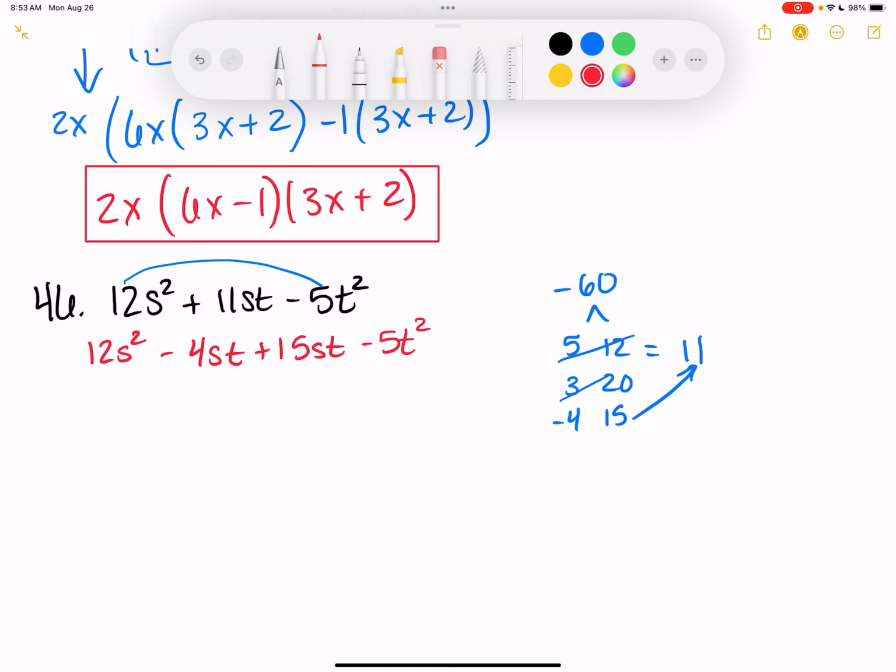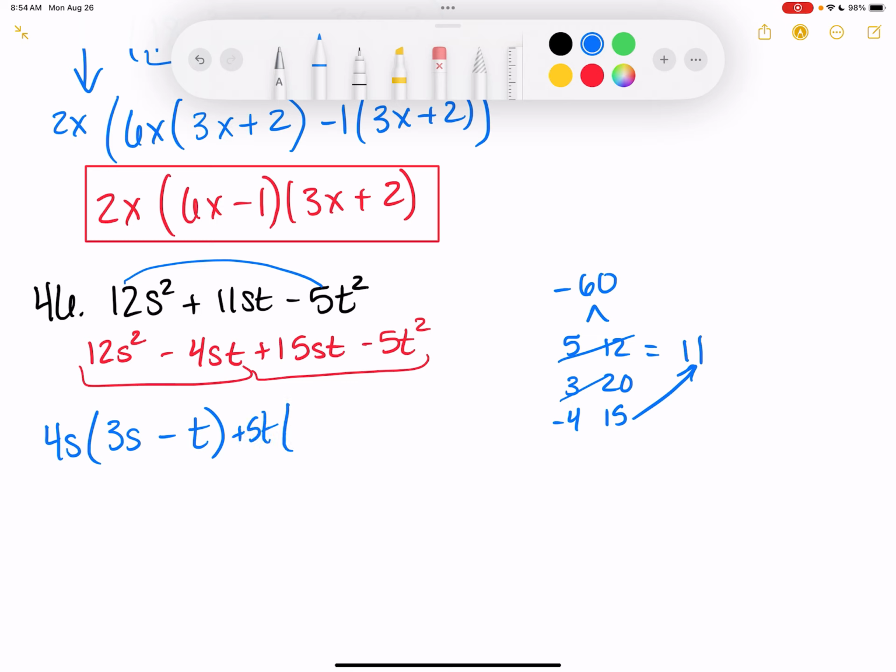And so when I do my factor by grouping, what am I taking out over here? Yes, 4s, which leaves me with a 3s minus t. What about this one? 5t.